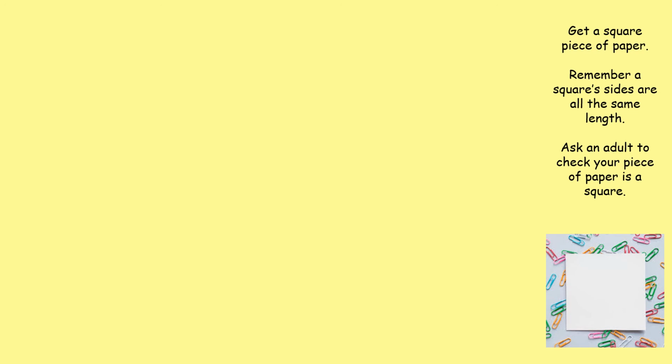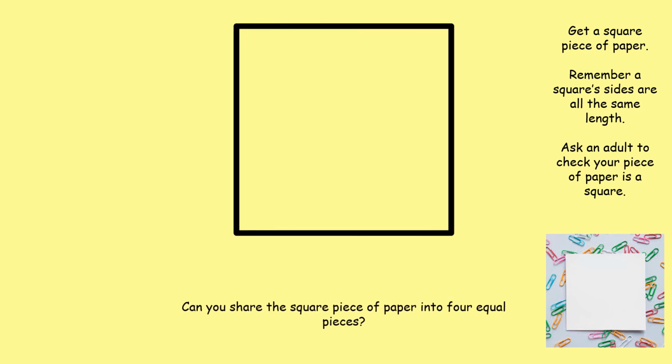Okay? Now, when you've got your square, I would like you to share your square into 4 equal pieces. And because you're sharing it into 4 equal pieces, you're sharing it into quarters. Can you do that for me, children? Have a go at doing that.